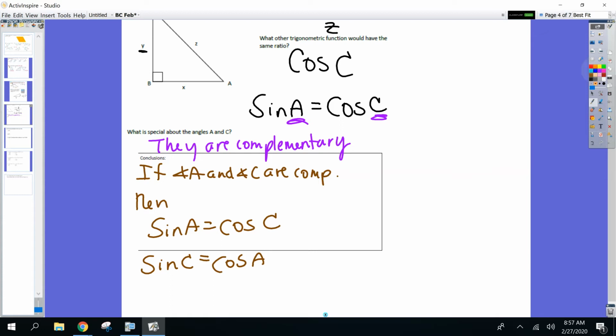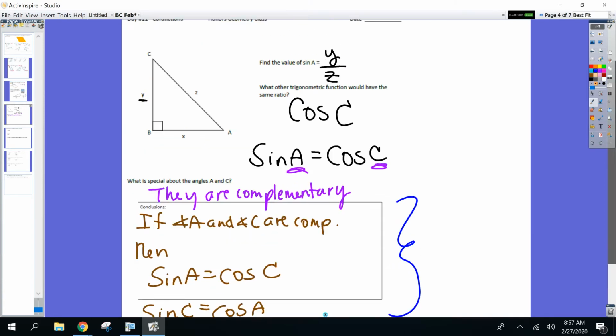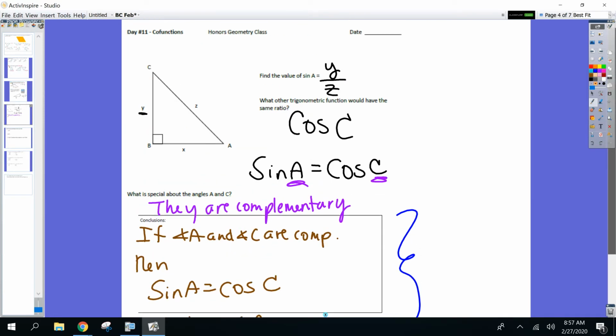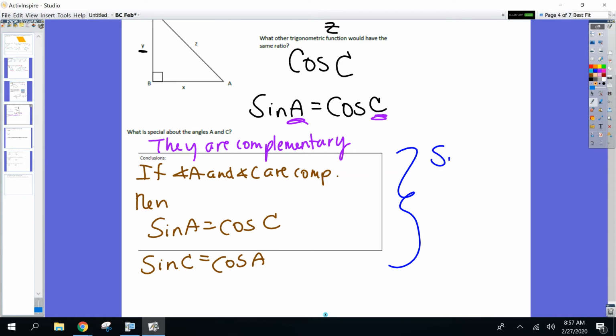And I think this is pretty neat, so I'm going to show you. What's the topic near day 11 right there? Cofunctions. How do you say that? One more time.